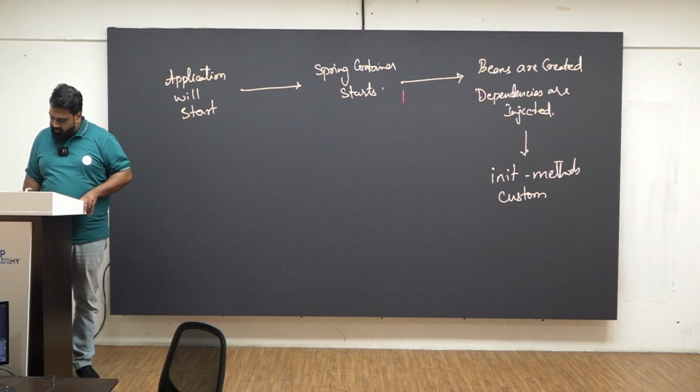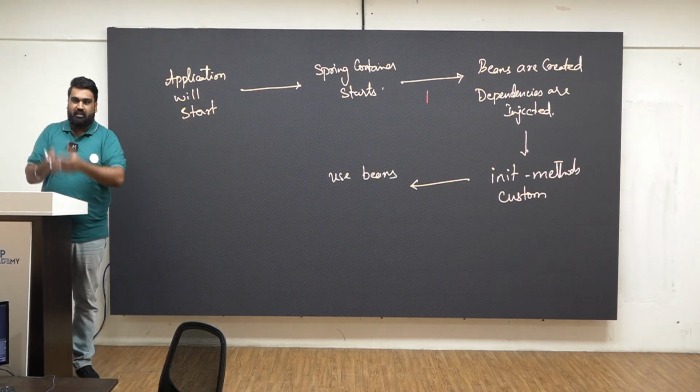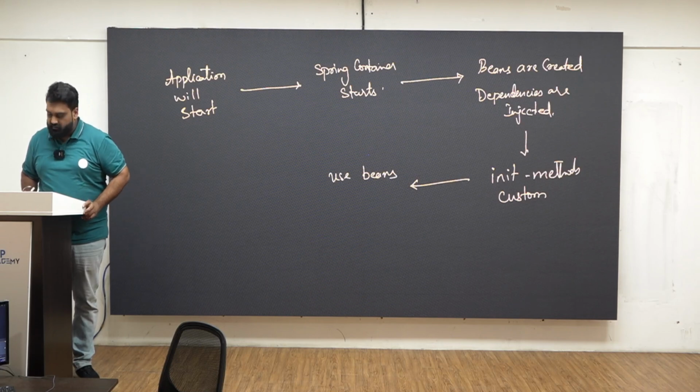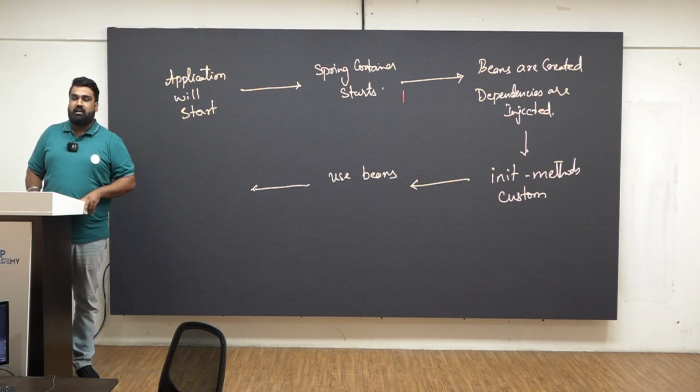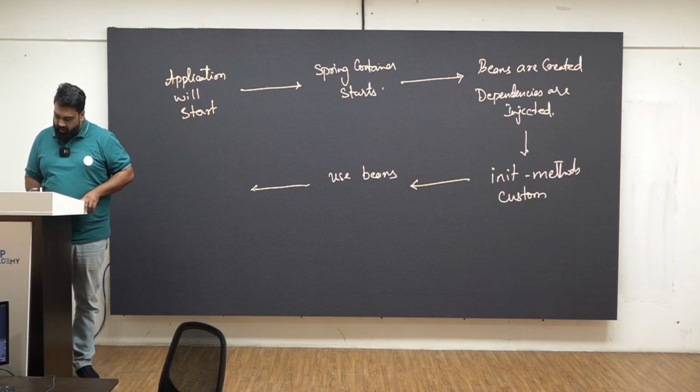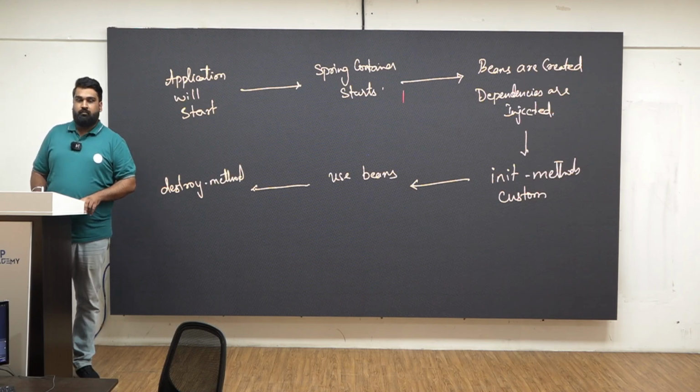So your init method will execute. Once it is executed, you can use the beans, call all the methods, do all the operations with your beans, and then just before your application context closes, a method called destroy method will execute.